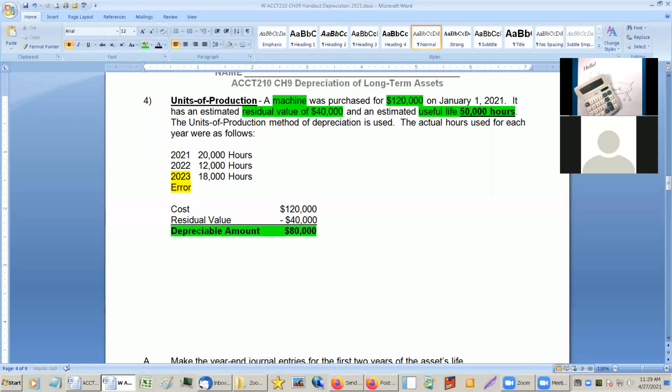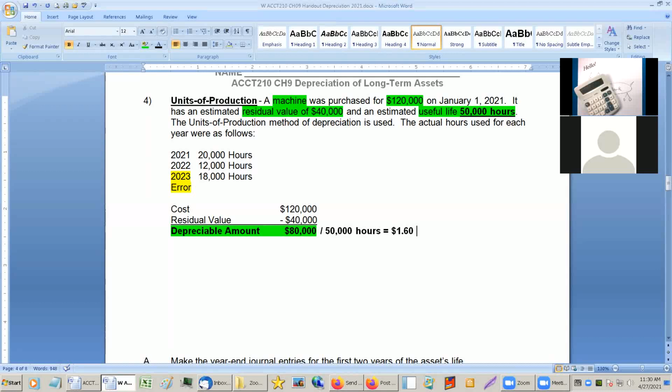Anyway, so now we're going to depreciate it again, not based on miles, but we're going to use this machine for hours. So divided by, so 1.6, or $1.60, same thing, exactly the same.